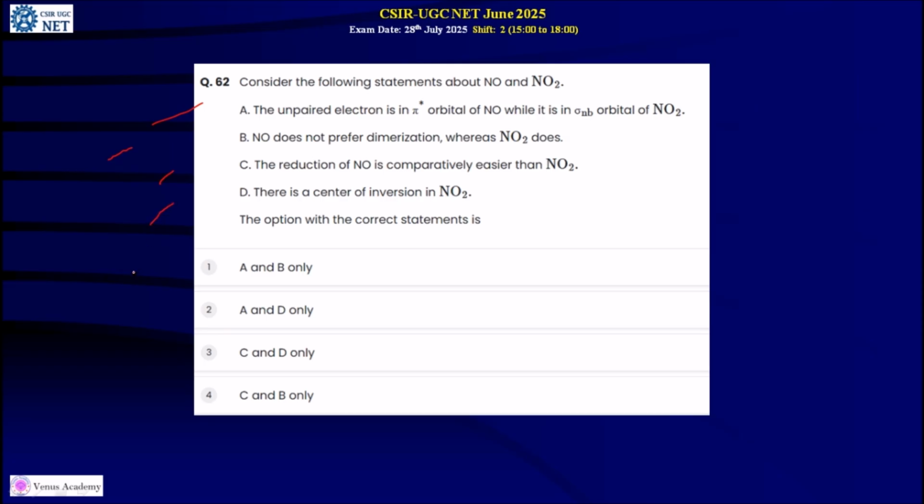Statement D. There is a center of inversion in NO2. The option with the correct statements is option number 1, that is A and B only are correct. That means statement A, the unpaired electron is in pi star orbital of NO while it is in sigma non-bonding orbital of NO2, and statement B, NO does not prefer dimerization whereas NO2 does. So option number 1 is the correct option, students.